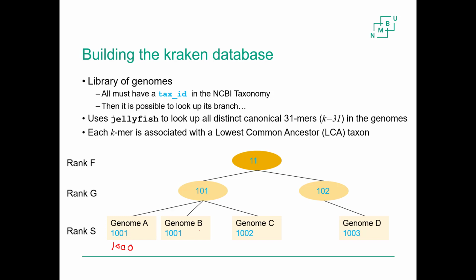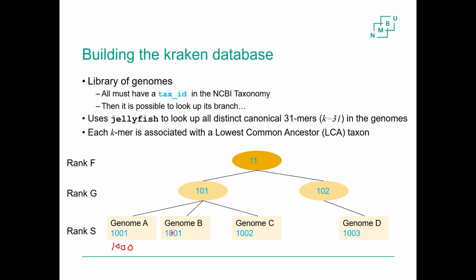Then Kraken goes to the next genome, does exactly the same thing, collects all the distinct 31-mers. And of course, this is now the same species, right? These two genomes are similar to each other. Since they are from the same species, they must be quite similar.